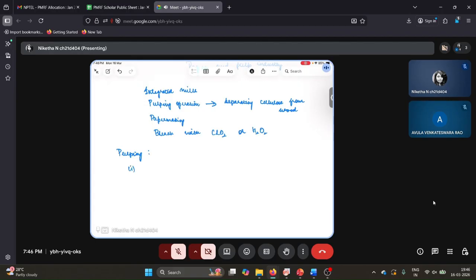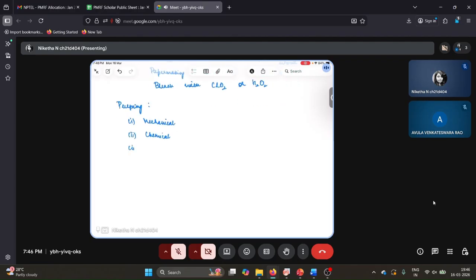The pulping process can be mechanical, chemical, or a combination, which is chemomechanical. Mechanical means beating the pulp and using mechanical processes. Since beating is a mechanical process, it's called mechanical pulping. Chemical pulping uses chemical agents to remove the cellulose.